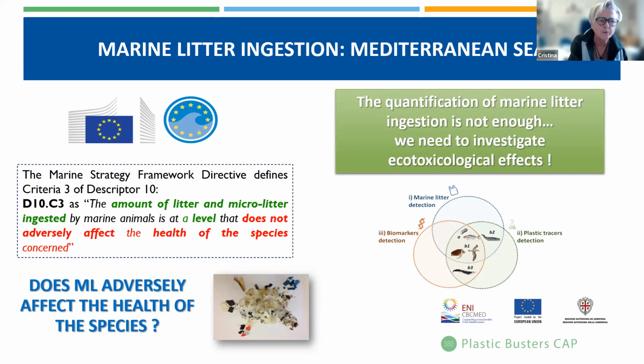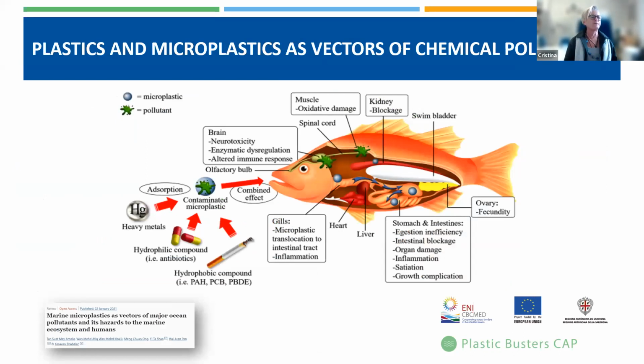But why do we need to do this? Just a very small example. This is a very nice review of the last years in which we identified that when a fish species, a subject that Dario and Matteo touched on, ingests microplastic, we are able to identify how many microplastics are present in the gastrointestinal tract, or large plastic items in a turtle or in a cetacean species.